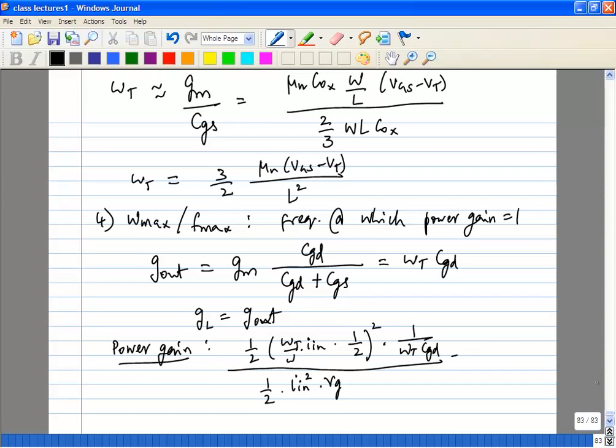So this is what the power gain is. This is actually PL over Pin. And if you set this to 1, you can find out your omega max.